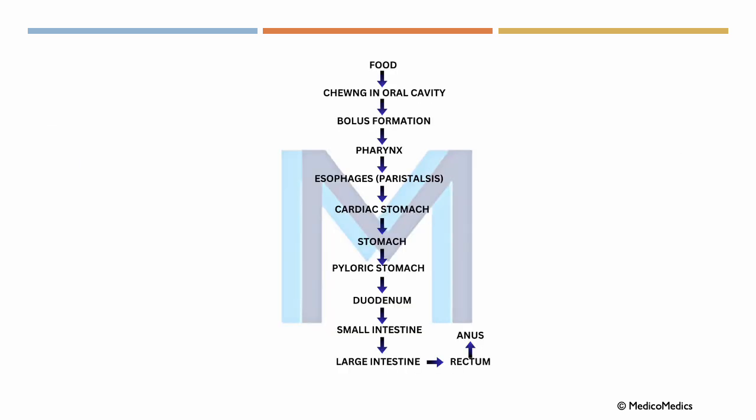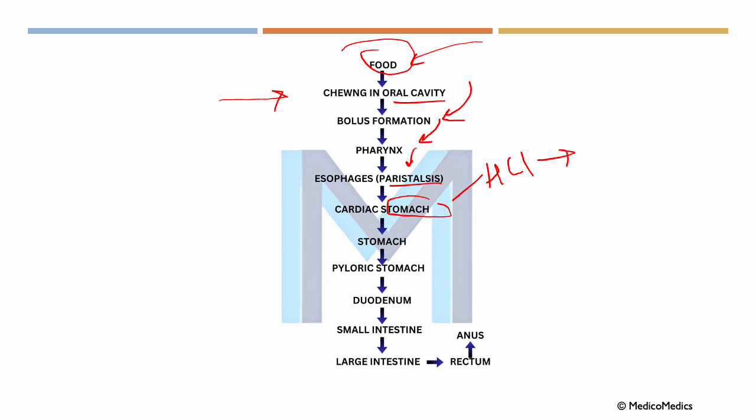So let's just have a small repetition here where we have an illustration starting with food into our mouth, right? We have the chewing in the oral cavity. We have the formation of a bolus with the tongue pushing it down through the pharynx, down the esophagus. Through the process of peristalsis, we reach the stomach. In the stomach, we have the initial breakdown due to the presence of hydrochloric acid, creating this acidic environment.